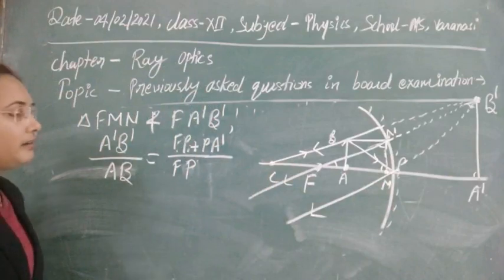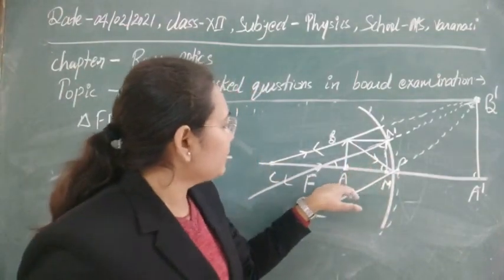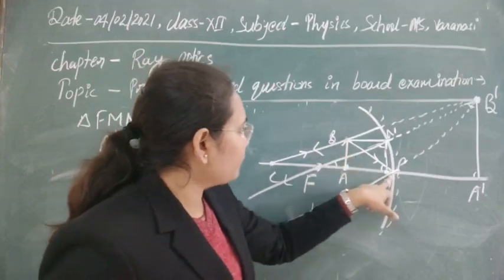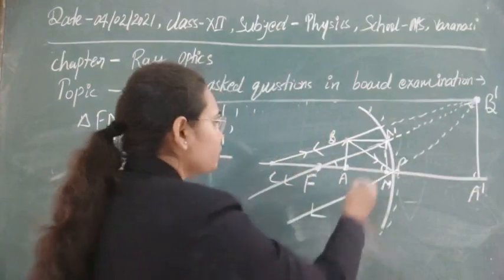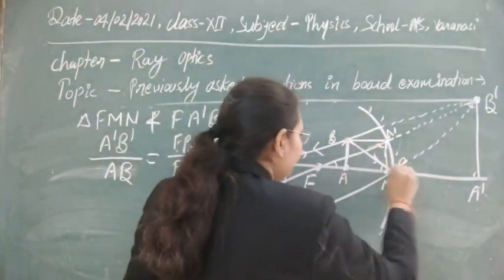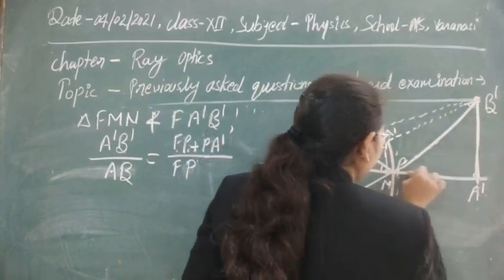Next, the triangles that we will take here are triangle ABP and also PA dash B dash. One triangle is this and the second one is this.